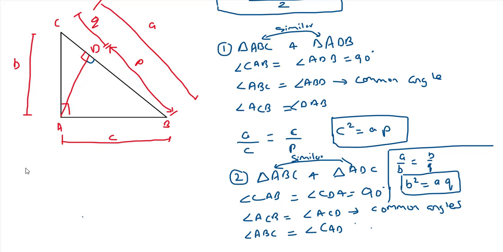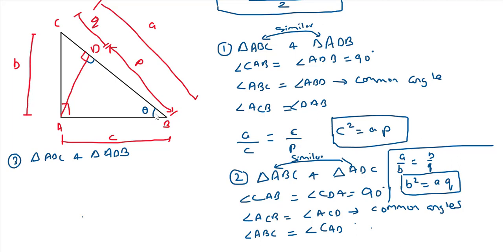Now let us consider the third pair of triangles, that is, the two smaller triangles, triangle ADC and triangle ADB. In this triangle, let us first consider this angle as theta.